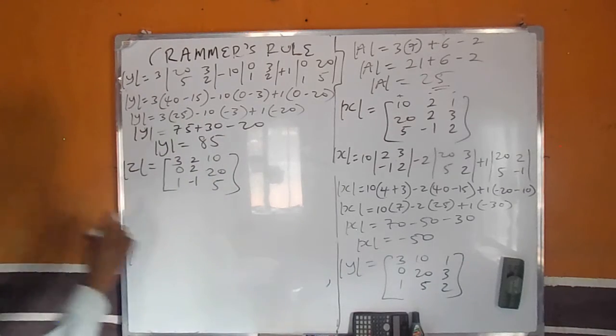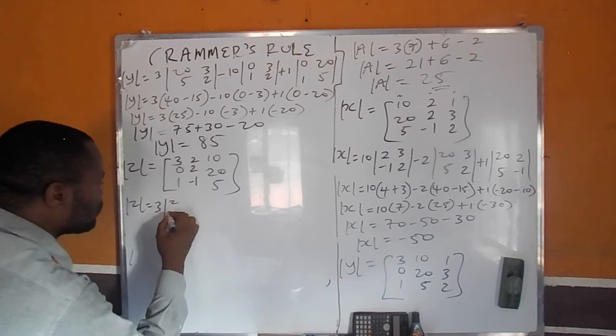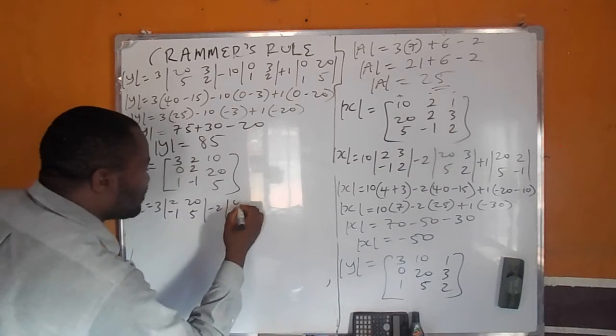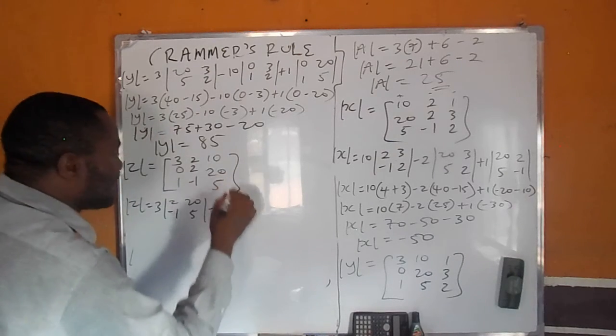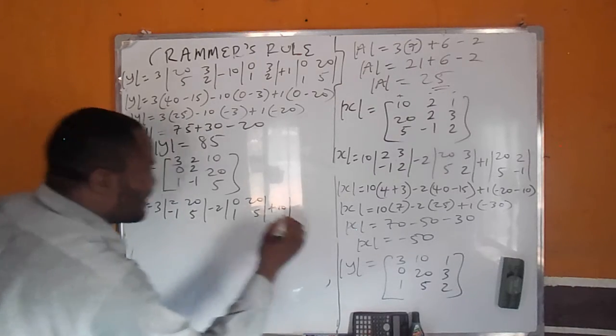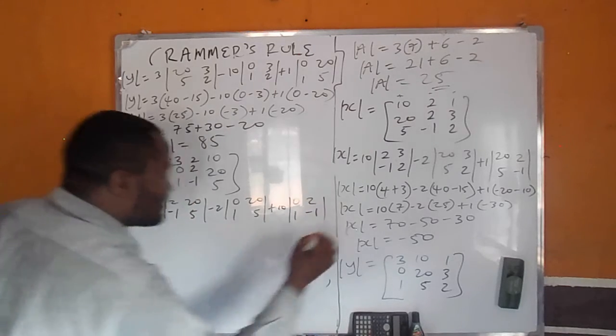So now we can say the determinant of z equals 3 in bracket 2, negative 1, 25 minus 2, 0, 1, the way we have it the other time, 25, then plus 10, the way we have it too, 0, 1, 2, negative 1.